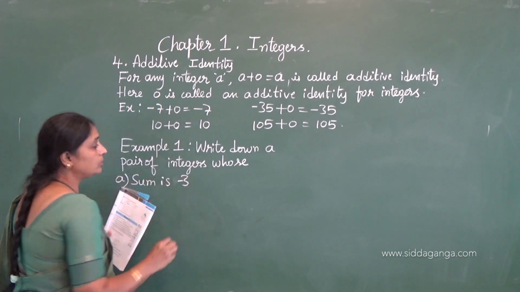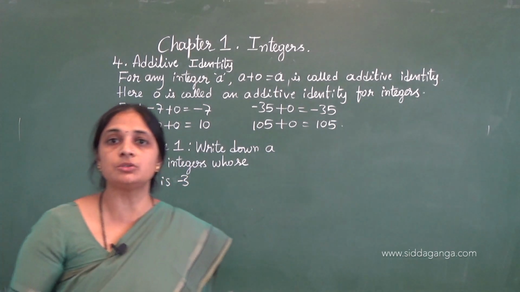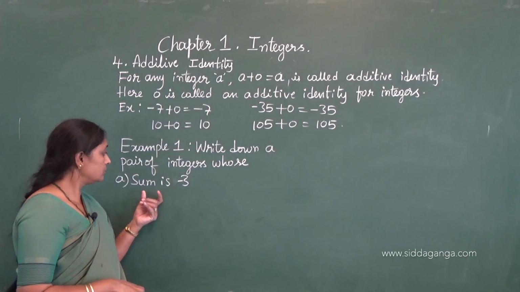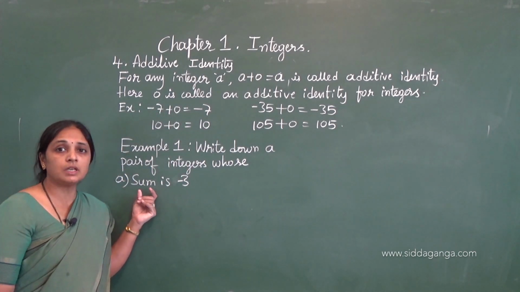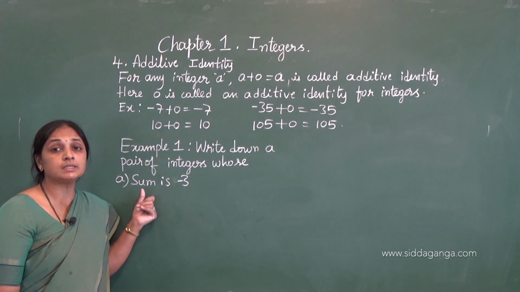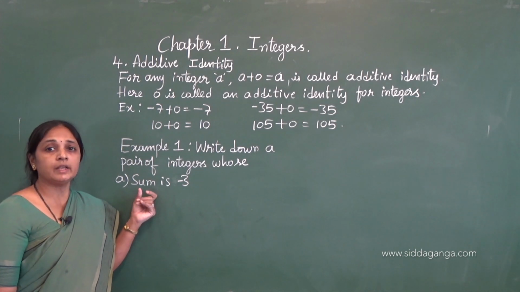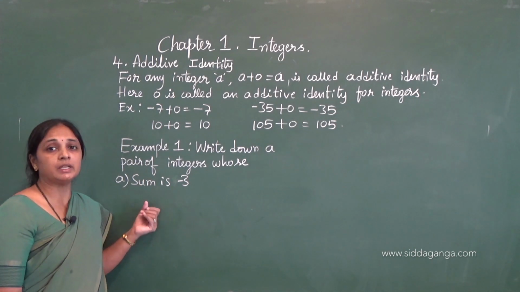You have to take any two integers to get minus 3. The given condition is that the sum is minus 3. Sum means we have to add. We have to add any two integers to get minus 3.